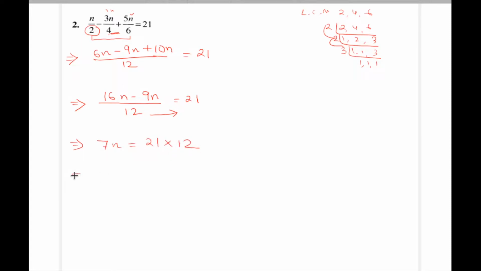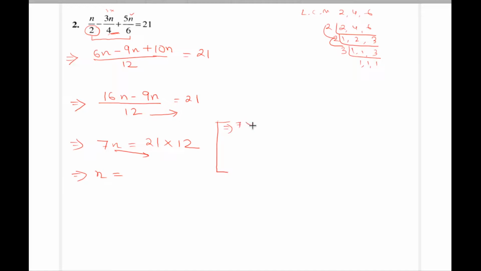Now n equals to, as 7 is in multiplication form, if we take it to the other side, it will go to the denominator and it will become division. See here I am showing you the steps, but from the next sum I will do it directly.